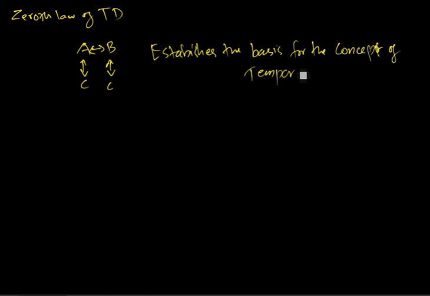So in this lecture we will discuss how we can establish the concept of temperature by using the zeroth law of thermodynamics. In the anthropomorphic understanding, you know that temperature is a measure of the hotness of a macroscopic object as felt by the human body.